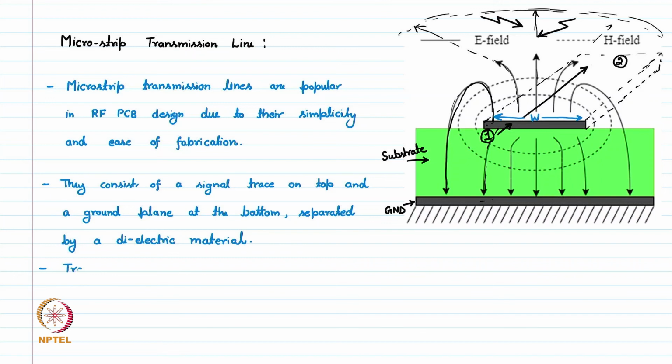So, the trace width, spacing, and dielectric constant are critical for achieving the desired characteristic impedance.